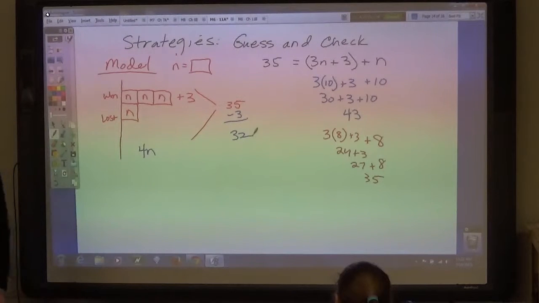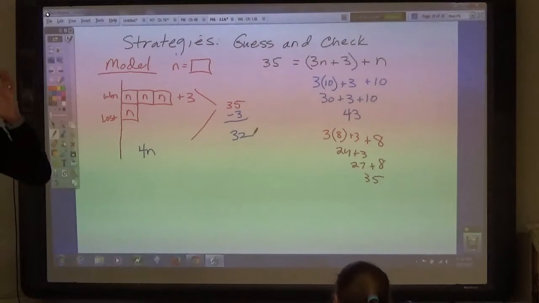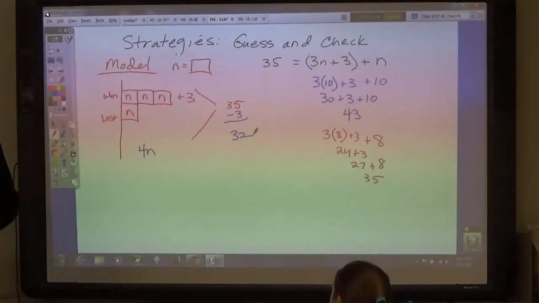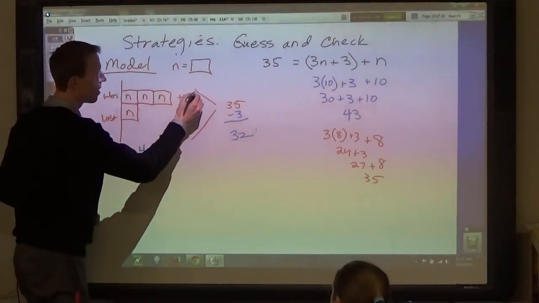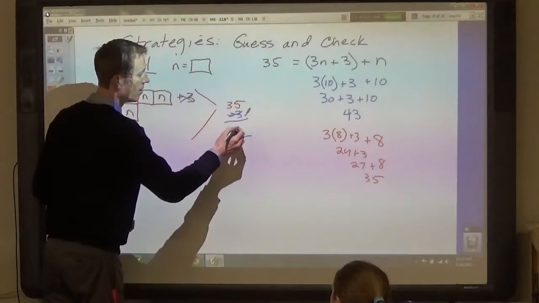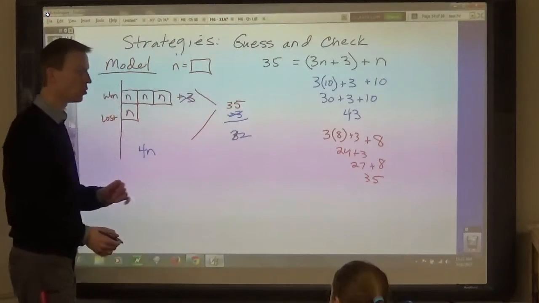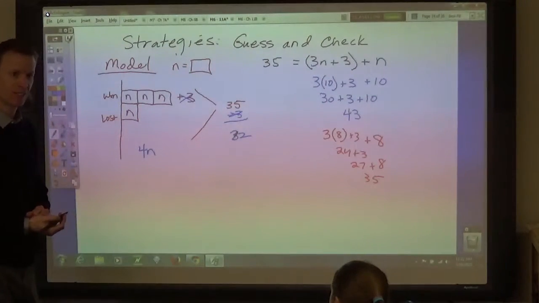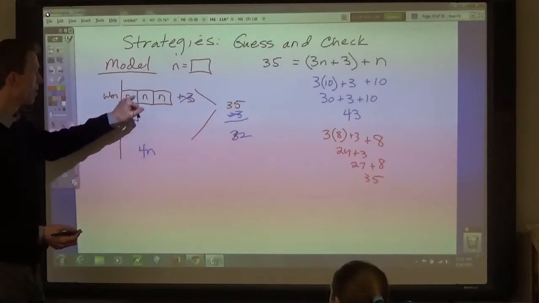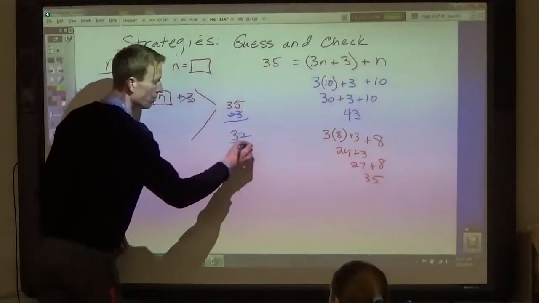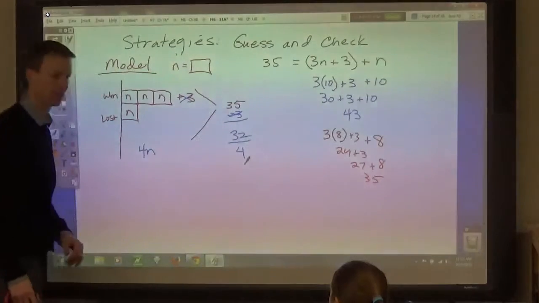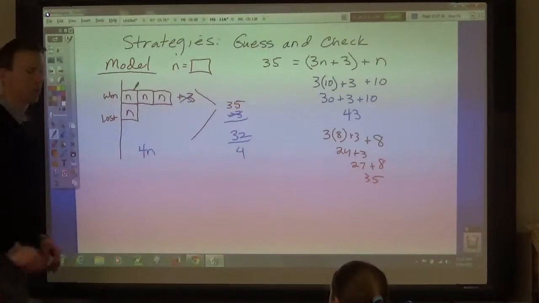Now, this is something that you could have put in that space where it says to draw a model, right? If we got rid of this, we have 32 left. And then, if there are 4 of them, we know we have to divide by 4. Because these are all the same, right?